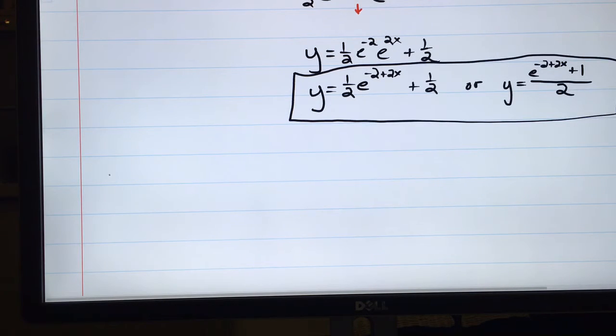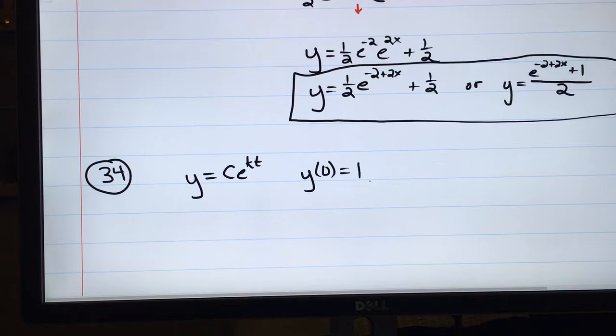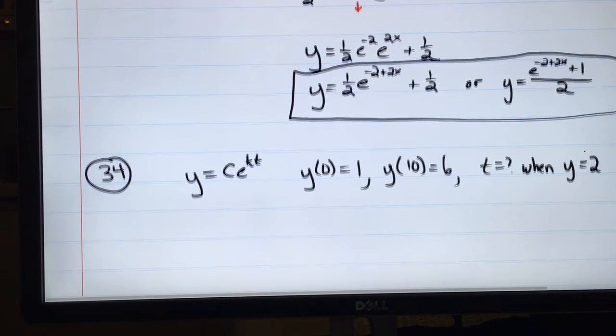We have y is equal to c times e to the kt, with the initial conditions y naught is equal to 1, and y of 10 is equal to 6, and we're looking at what time t whenever y is equal to 2. Okay, just for the setup.